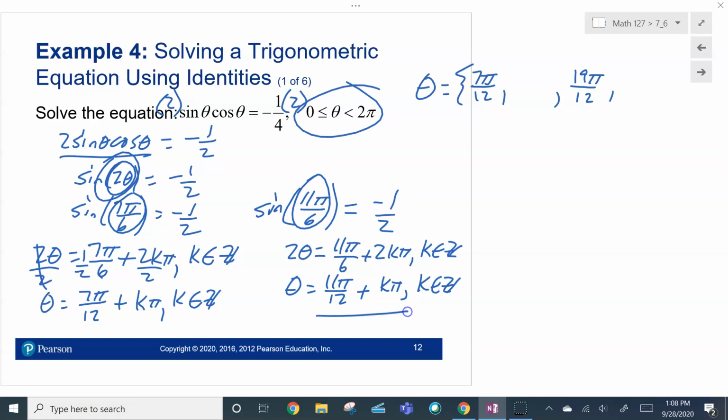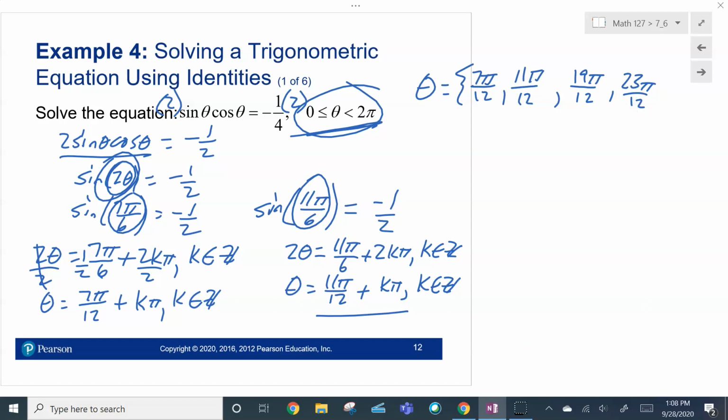Let me go over here to 11 pi 12ths plus k pi. So k is 0 is 11 pi 12ths. I don't want to let k be negative 1 because I go into the negatives, and I'm trying to stay again between 0 and 2 pi. If k is 1, then I've got 23 pi 12ths.